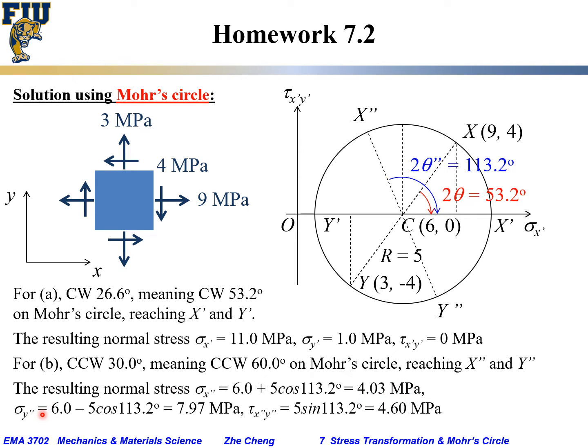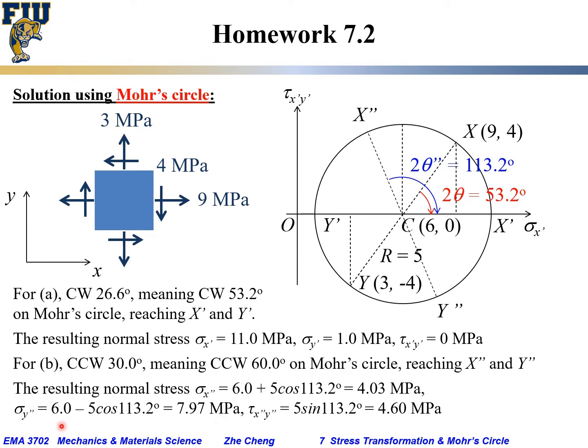And the new y double prime would be y rotated counterclockwise by 60. It will be 6 minus cosine 113.2. It will be 7.97 megapascal, because this cosine number would be negative.